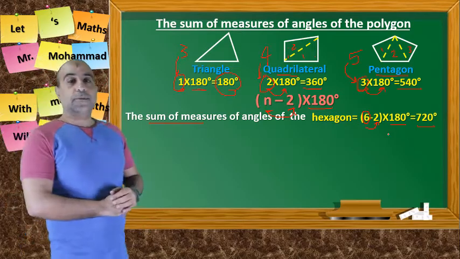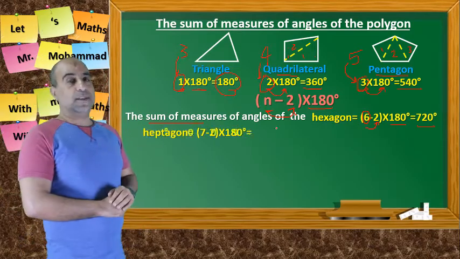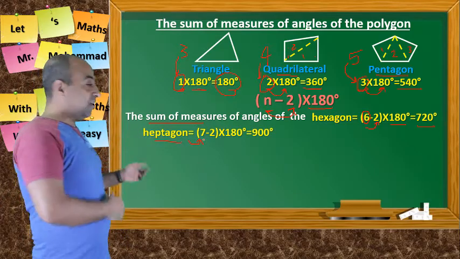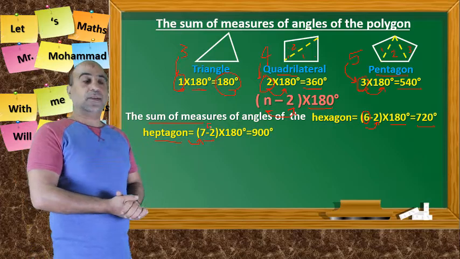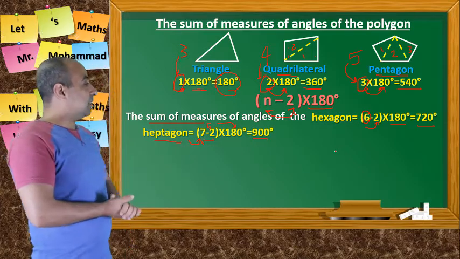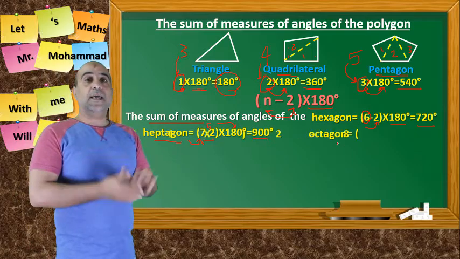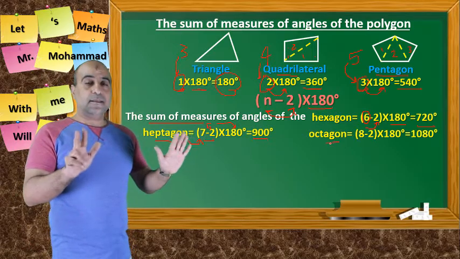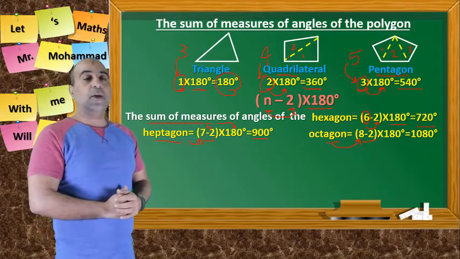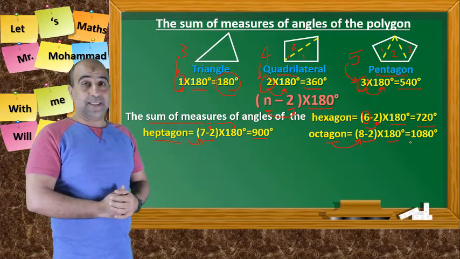For the heptagon, n is equal to 7. 7 minus 2 is 5, multiplied by 180 degrees, which is equal to 900 degrees. And finally the octagon has 8 sides, so n equals 8. 8 minus 2, all multiplied by 180 degrees, is 1080 degrees.